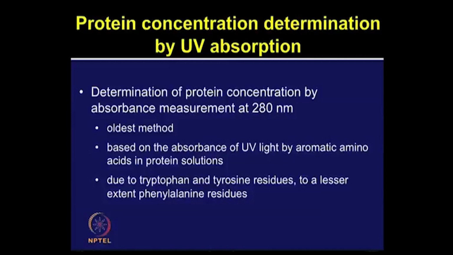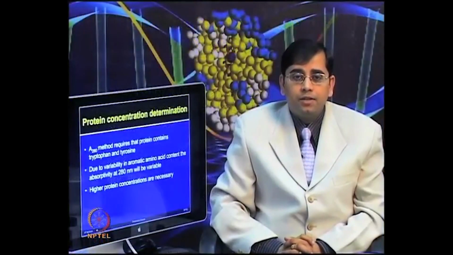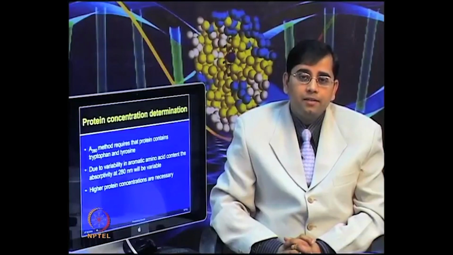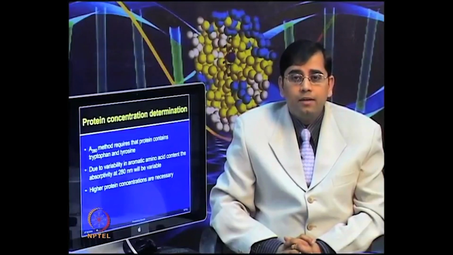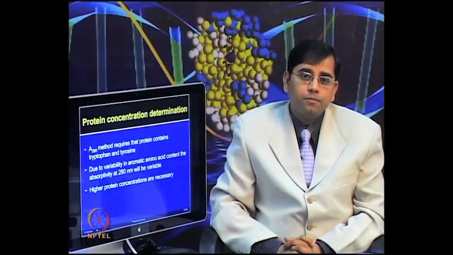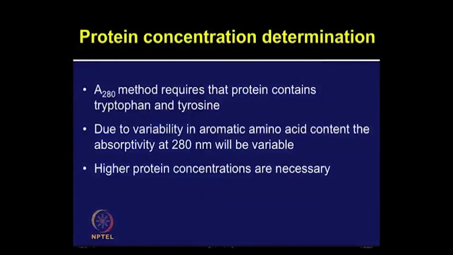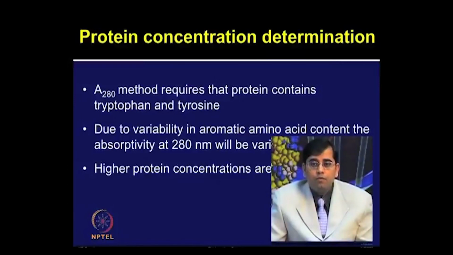Phenylalanine is also an aromatic amino acid, but to a lesser extent it is responsible for this absorbance. So, to determine the protein concentration, the A280 method requires that your protein contains tryptophan and tyrosine aromatic residues. Since protein samples will have variability in overall amino acid content, the absorptivity at 280 nanometers will be a variable factor for this type of method.